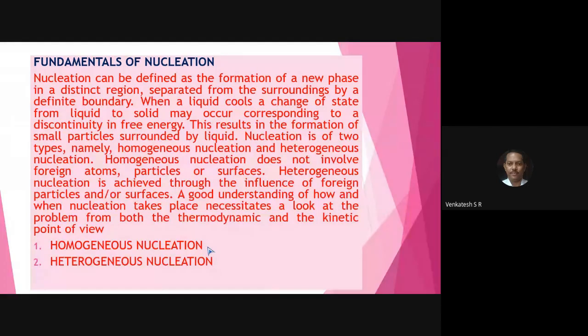Homogeneous nucleation means only one type of crystal structure is observed from the start to the end of the solidification process, whether it may be BCC or FCC. Homogeneous means solidification of pure metal, whether it may be copper, aluminum, gold, silver, iron.